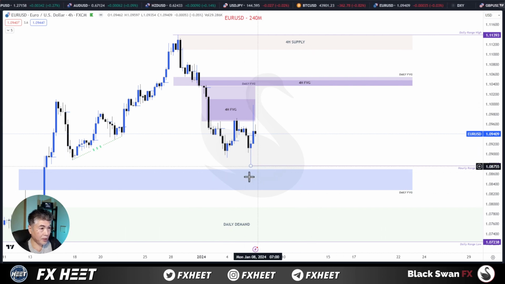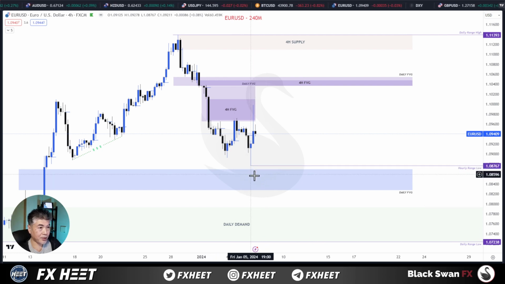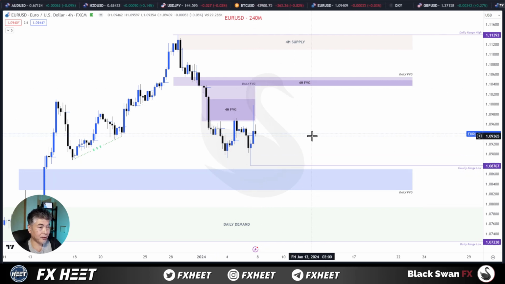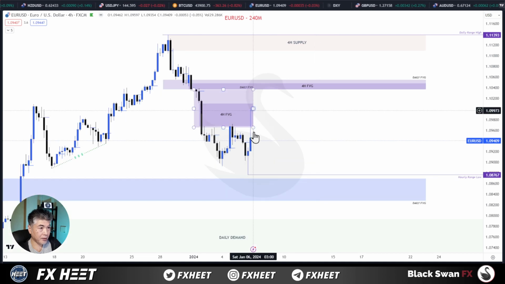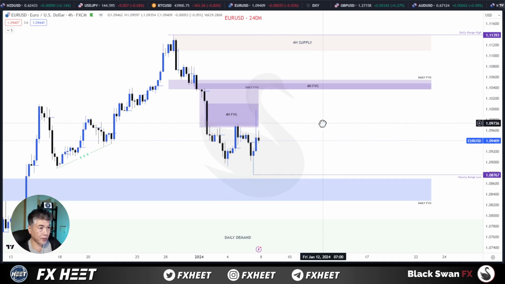If it came deeper and tapped into the daily fair value gap, I would say it's more likely just to continue up from here. Actually, it did something like that on Dixie, so potentially this could be the turnaround point. There is some fair value below.